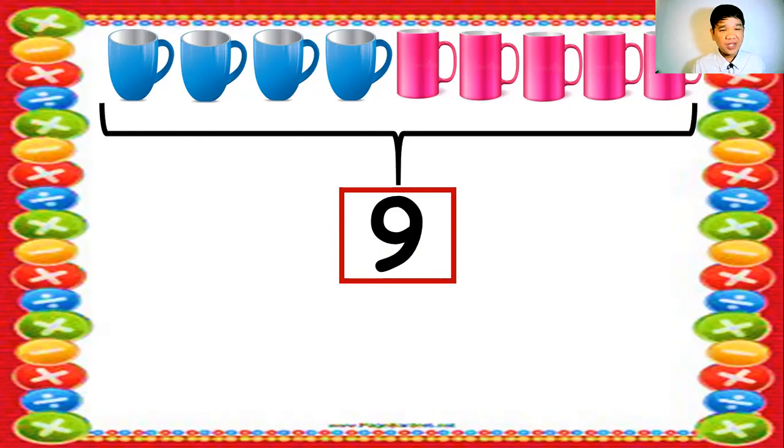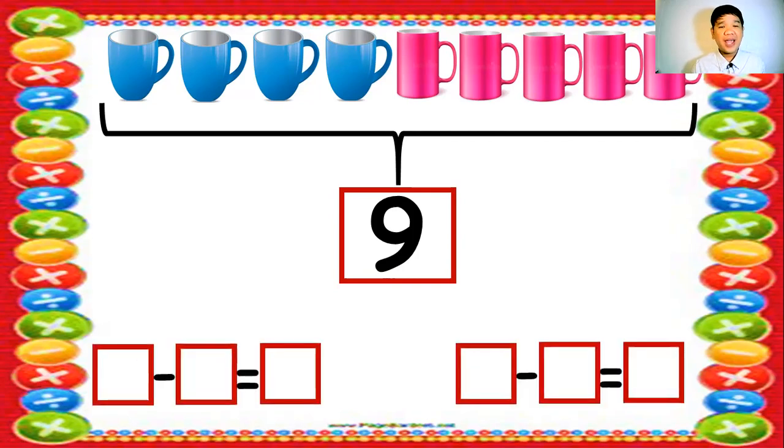All right. Okay, so writing in this box, how many mugs or cups do we have all together? So let's count first the total number of the mugs or cups. 1, 2, 3, 4, 5, 6, 7, 8, 9. All right, so we have 9 cups or 9 mugs all together.